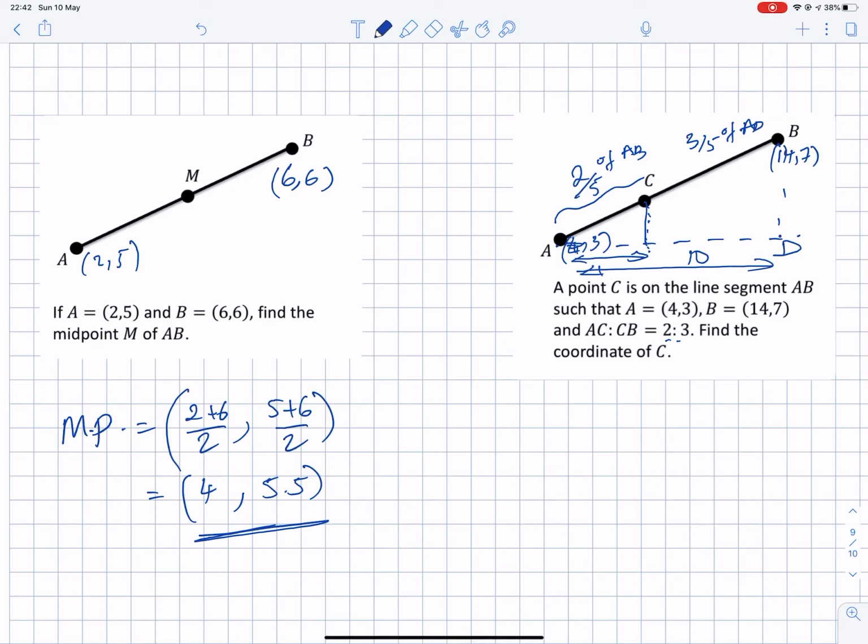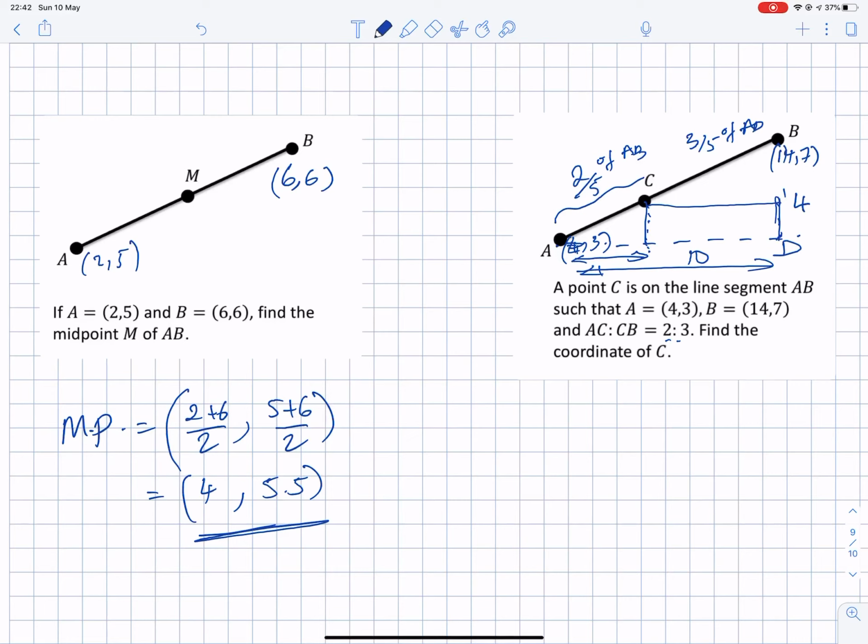And the vertical gain, from D to B, started at 3 and ended at 7, so that gain is 4. So again, we are looking at 2/5 of 4 and 2/5 of 10, but remembering the coordinates start at 4, 3, not 0, 0.